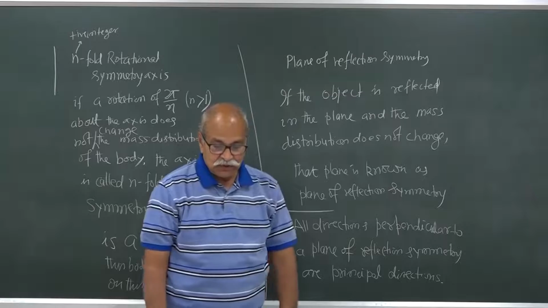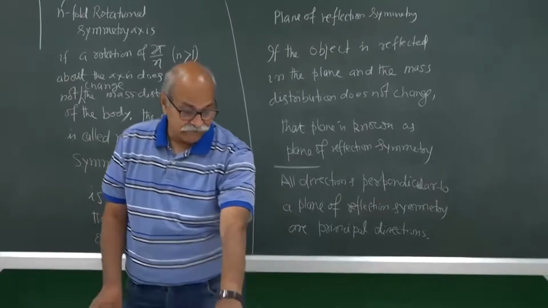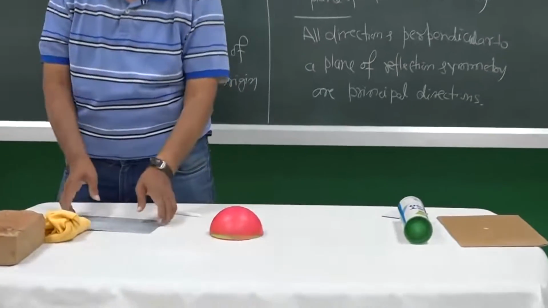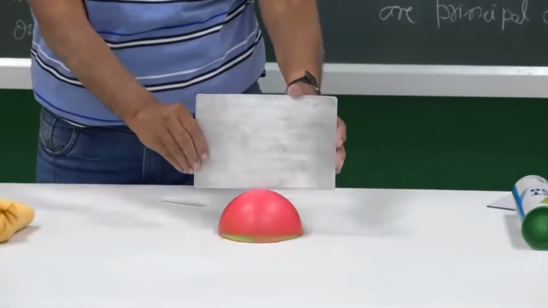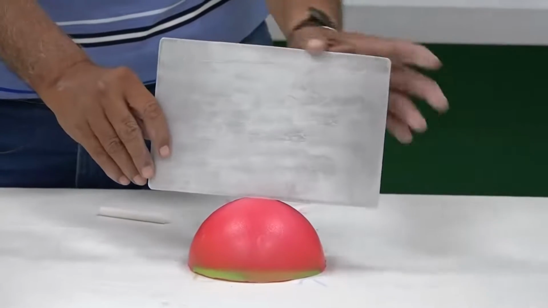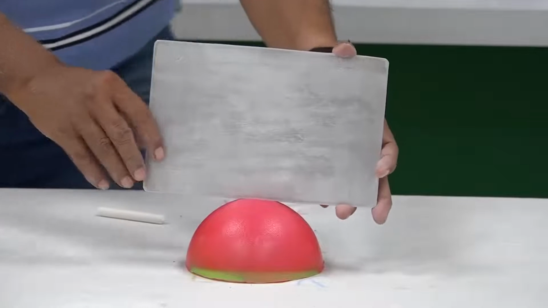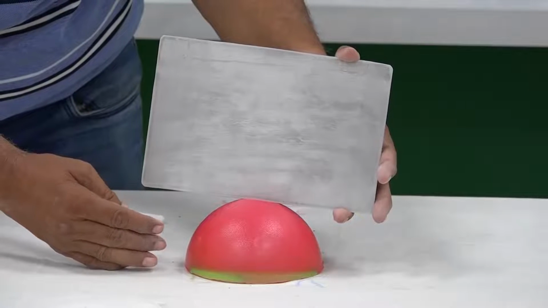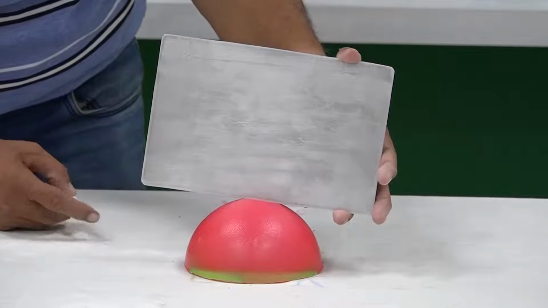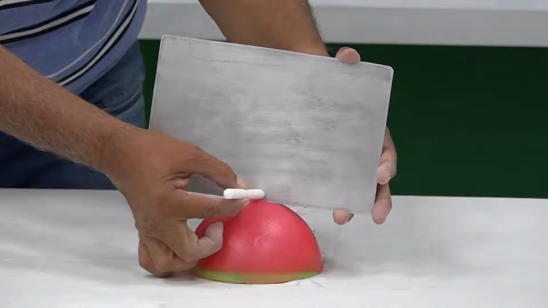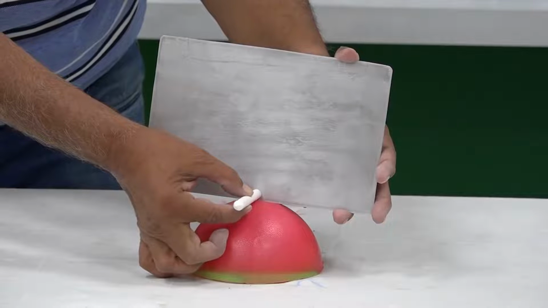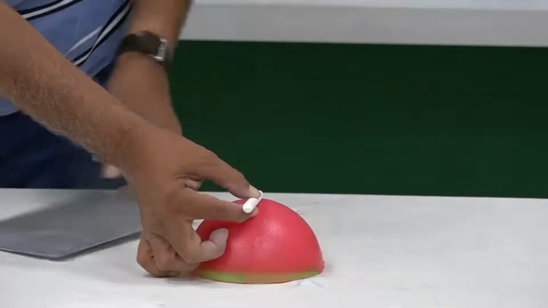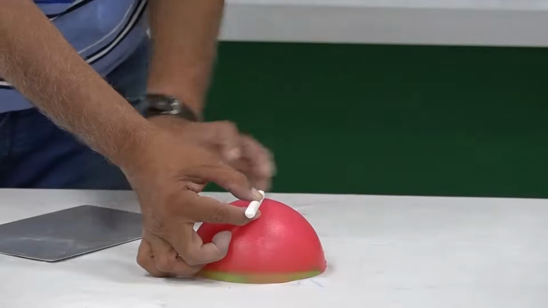Okay. So, come back to this hemisphere, and I have a plane of reflection symmetry. You can see this is a plane of reflection symmetry. Now, any line perpendicular to this, that means if I draw a line from here perpendicular to this plane, this is a principal axis for this hemisphere.